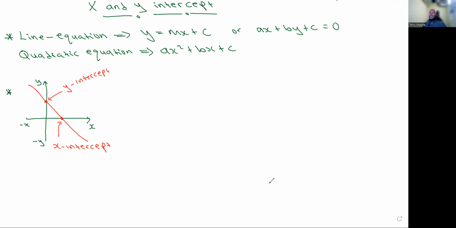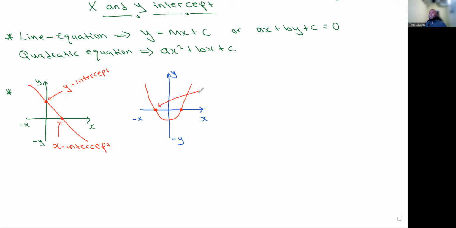If we pick another example, let's say we pick a quadratic equation, okay? Same thing. We have the positive x, we have the negative x, we have the positive y, all right? And we have the negative y. And for instance, we have a quadratic equation that looks like this, all right? So now what it means is that this point here, where it crosses the x-axis, is the x-intercept.